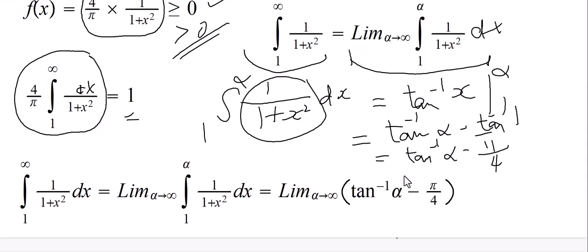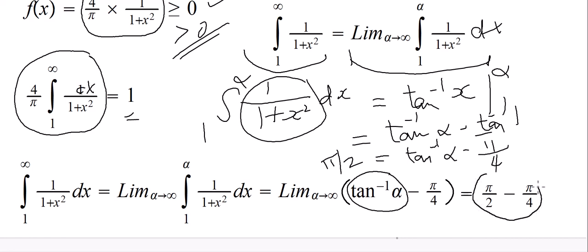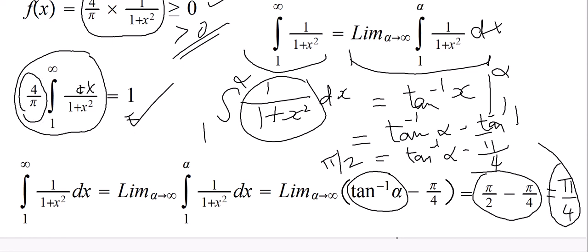Now we know that tangent inverse of alpha as alpha goes to infinity is pi over 2. Therefore the total value is pi over 2 minus pi over 4, which ends up becoming pi over 4. And when you multiply this pi over 4 by this 4 over pi, the product will become 1.